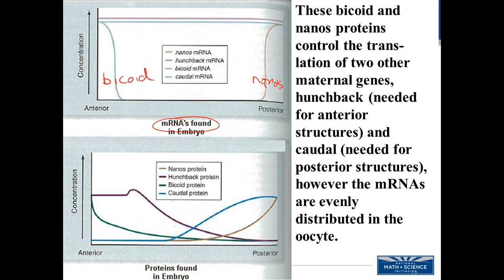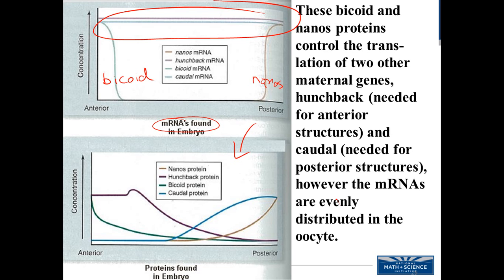And we also said that we have hunchback and we have caudal. But when we look at those proteins, they form a gradient, but when we look at the RNA, look what happens. Those two RNAs have an even distribution within the egg. So when we look at the proteins, though, we have concentration gradients. So how in the world could that happen if the messenger RNAs are evenly distributed?